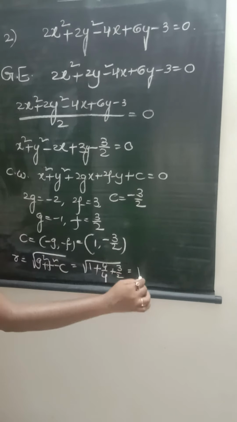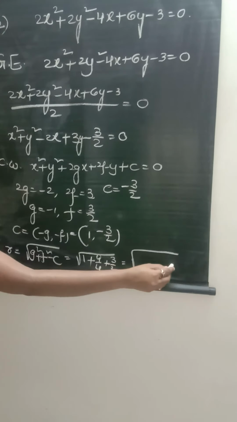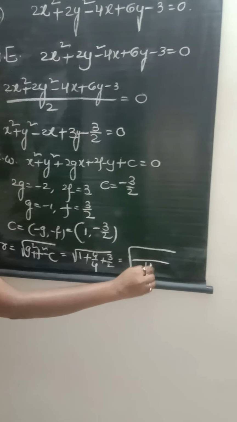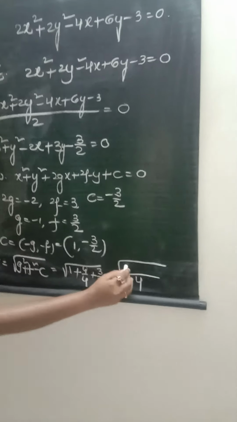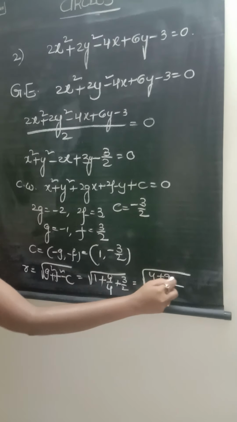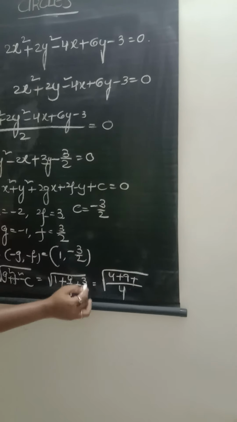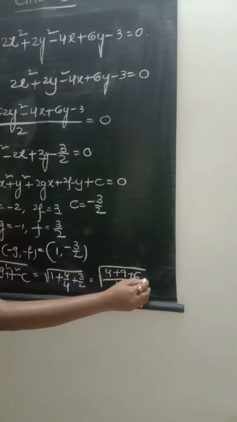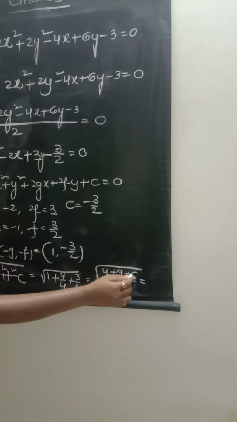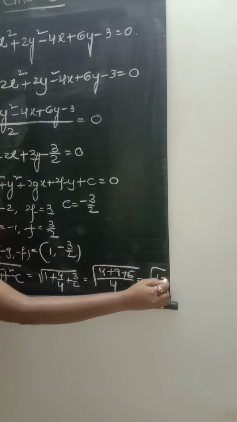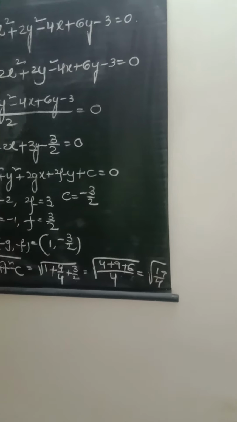Now taking LCM, 4 is the LCM, then 4 into 1, 4, plus 9 plus 6, which gives root 19 by 4.